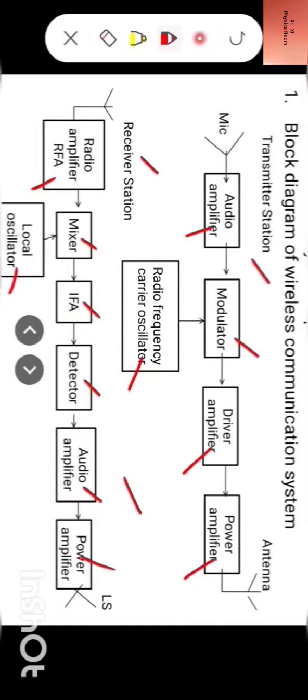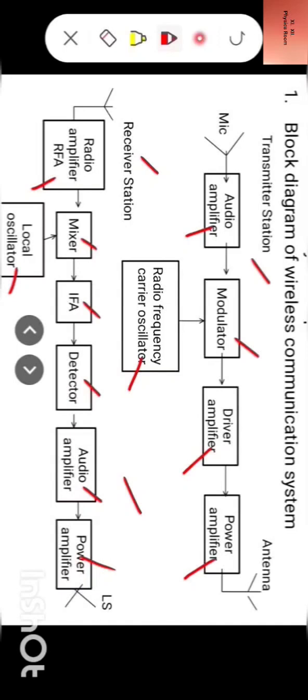In a nutshell, we can say the block diagram of communication system contains amplifiers, oscillators, modulator, and a detector. The mixer at the receiving station acts as a demodulator. Okay.